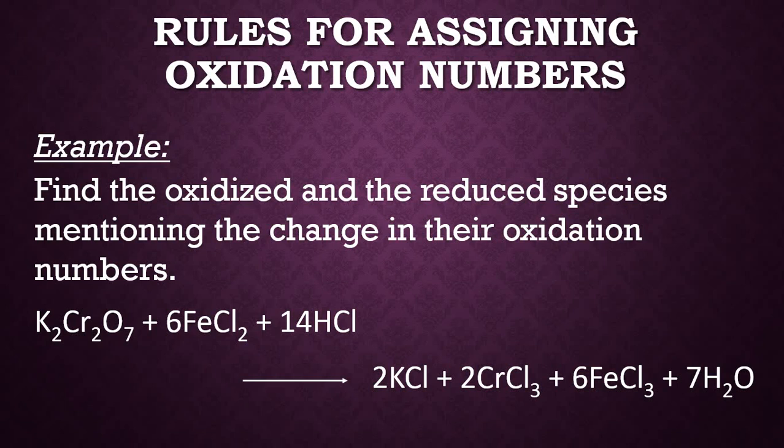On the opposite side, iron, Fe, entered the reaction as iron +2 and is found in the products as iron +3. So the oxidation number increases through the reaction. The oxidation number of iron increases. So an oxidation process took place, and we can say that it is the reducing agent.